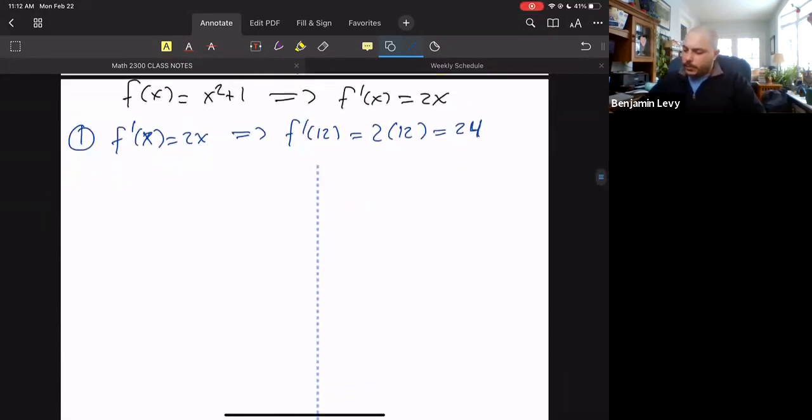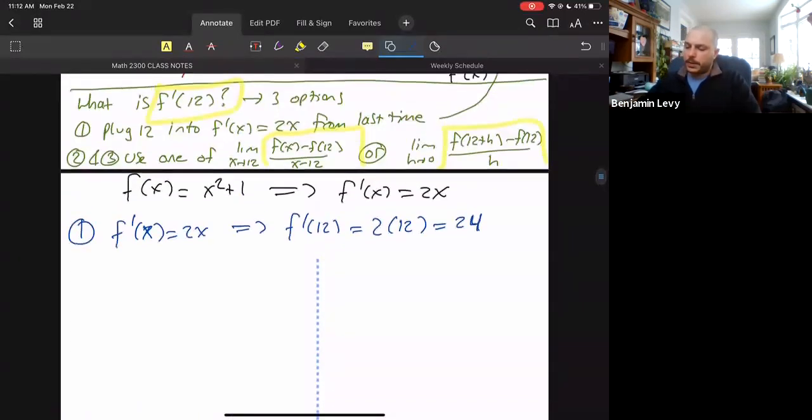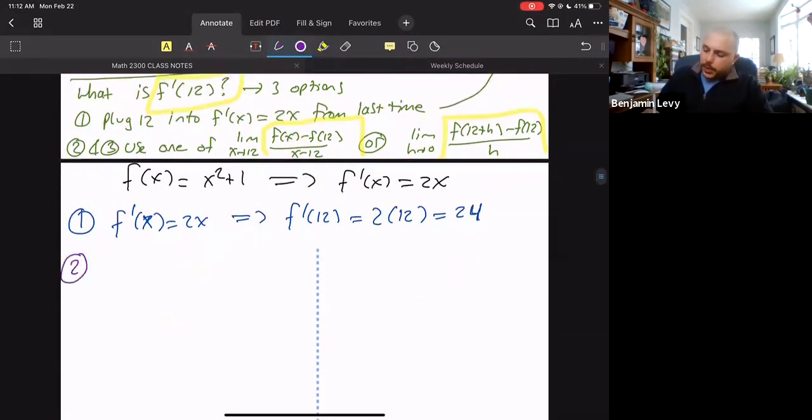Okay, so let's do options 2 and 3 right here. So option 2, we're going to do this one down here, and then we're going to do this one over here. The second option would be this limit.